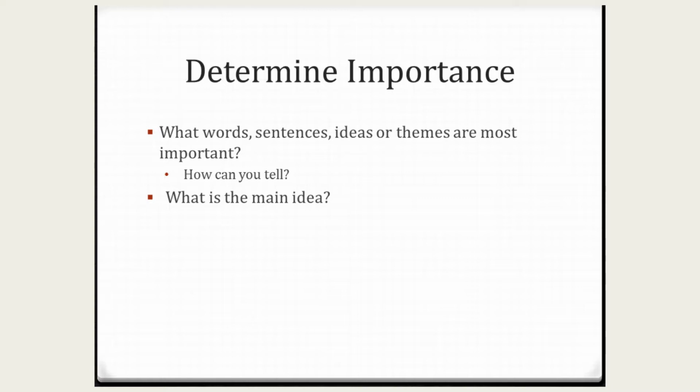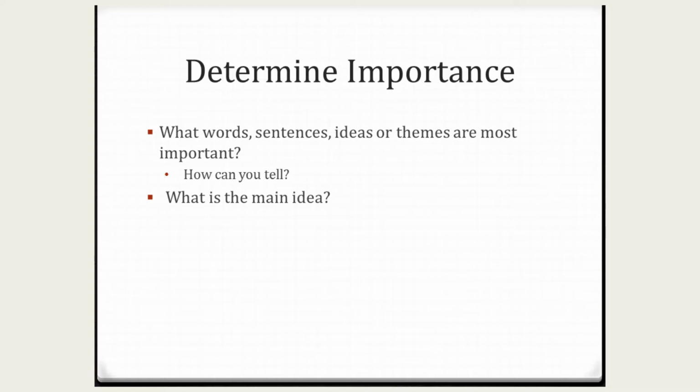Have we already, in advance, determined what's most important to us for students to know and understand and master within that textbook? So determining importance is associated not only with what students do, but for us in our planning process, it's associated with what we need to do as well.